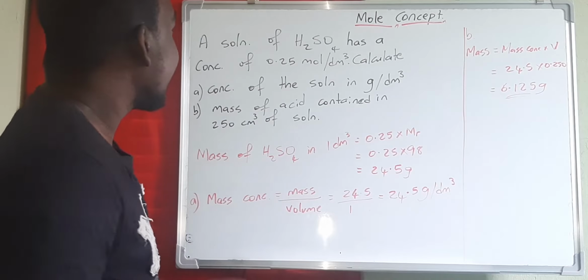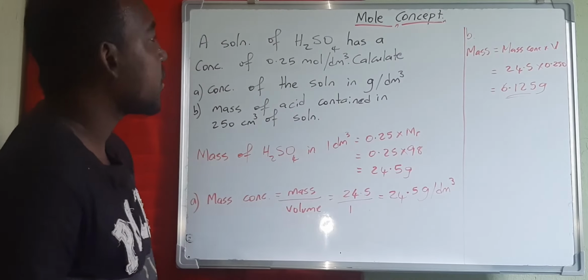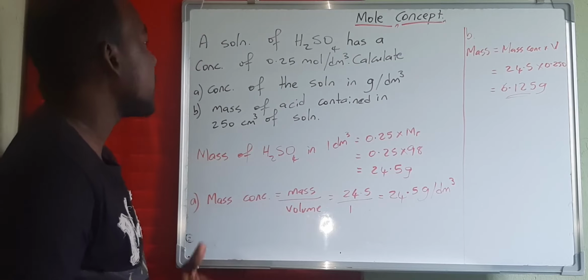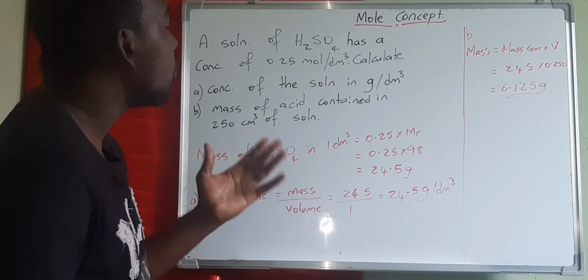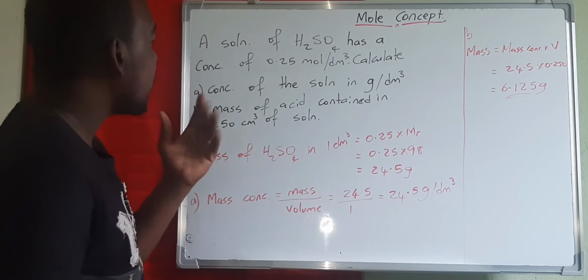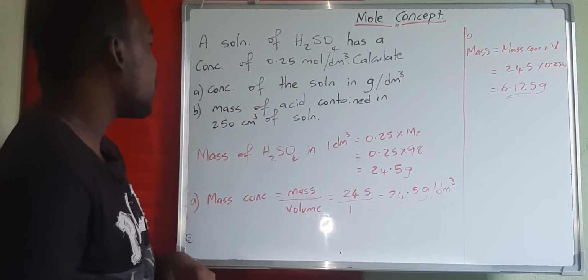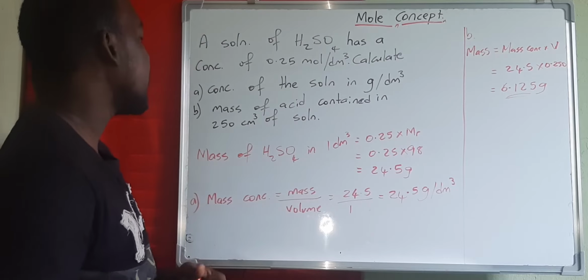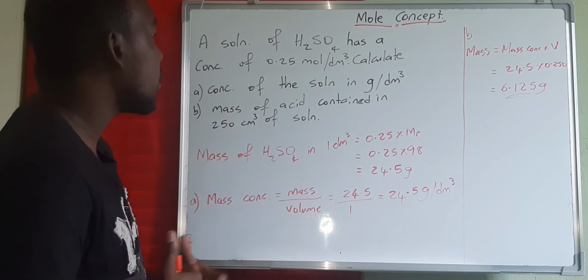All right, guys, our next question is: a solution of sulfuric acid has a concentration of 0.25 mole per dm cube. Calculate the concentration of the solution in gram per dm cube and the mass of the acid contained in 250 cm cube of solution.